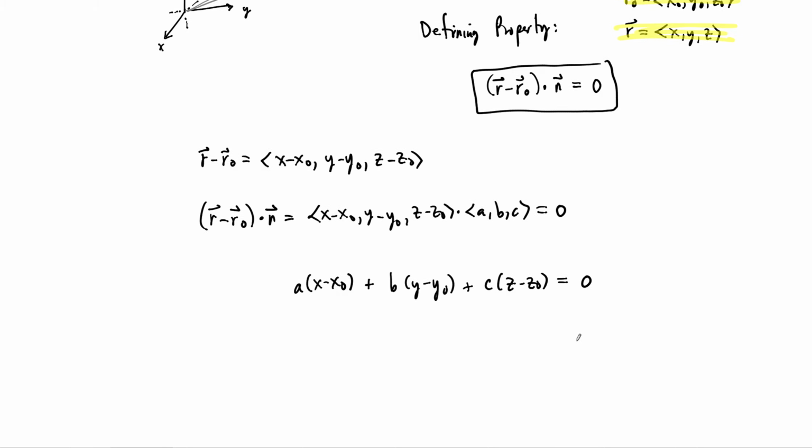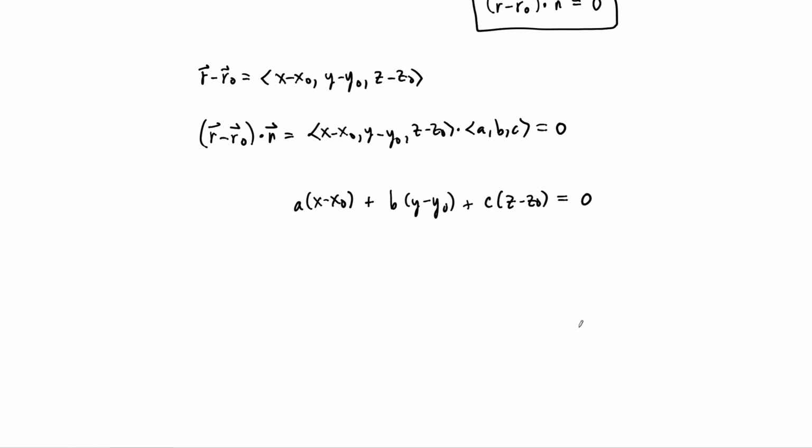But we can do better, and the book is going to want this slightly differently. So you can distribute all this out. x naught, y naught, z naught are all numbers, and x, y, z are variables. If we distribute this out, we can rearrange it to write it as ax plus by plus cz, minus can get factored out, a x naught plus b y naught plus c z naught, equals 0.